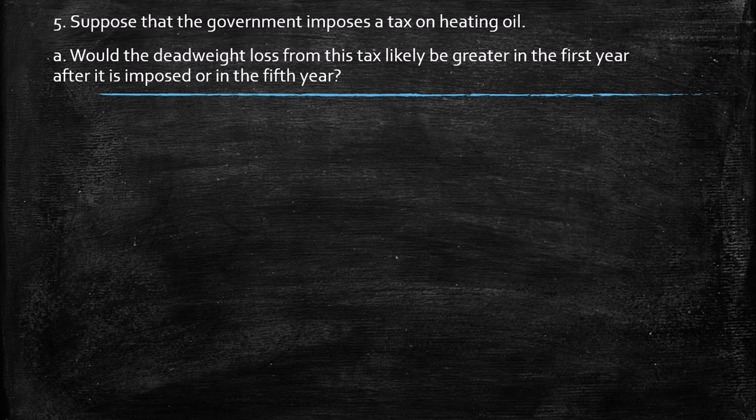5. Suppose that the government imposes a tax on heating oil. Would the deadweight loss from this tax likely be greater in the first year after it is imposed, or in the fifth year? So I must say that this point is kind of subtle, but I propose this answer.